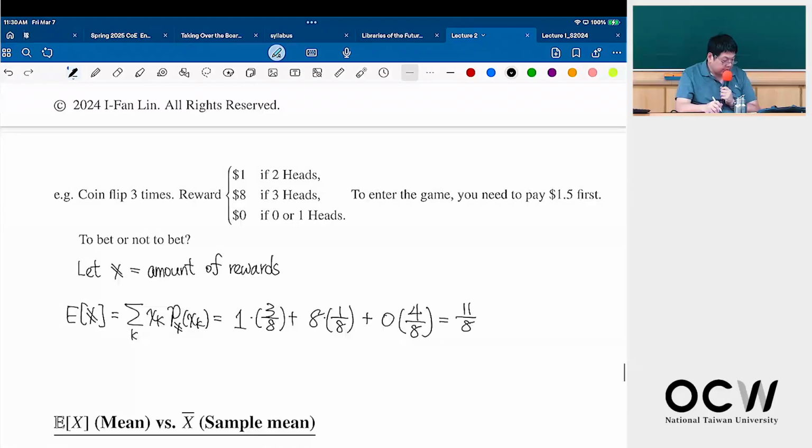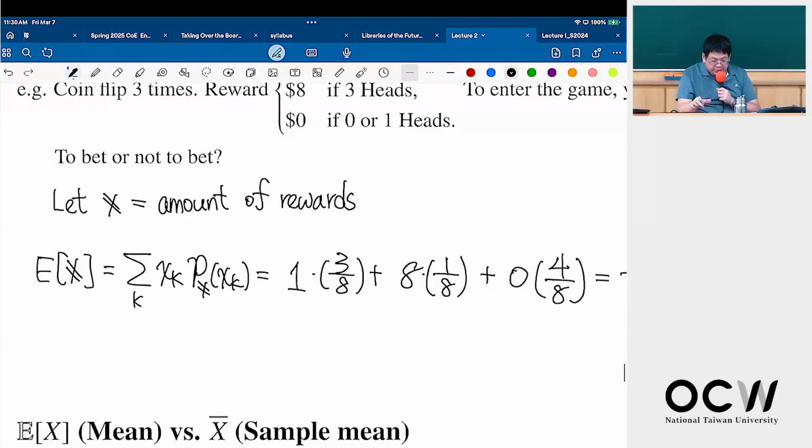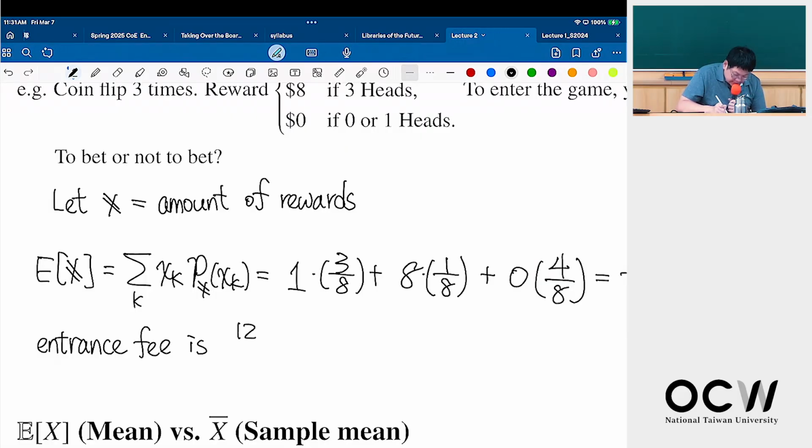And remember that you still need to pay the entrance fee. So the entrance fee is 1.5, which is 12/8.